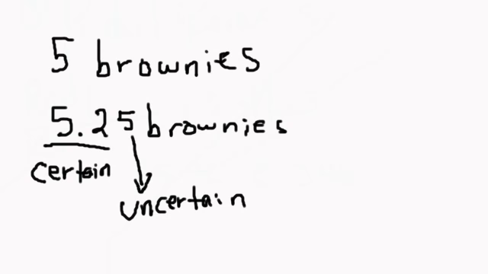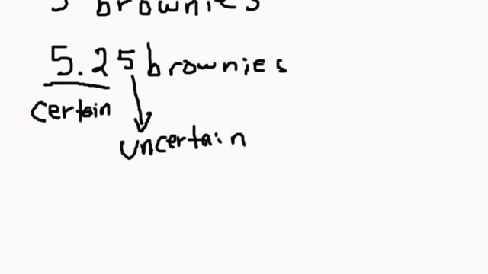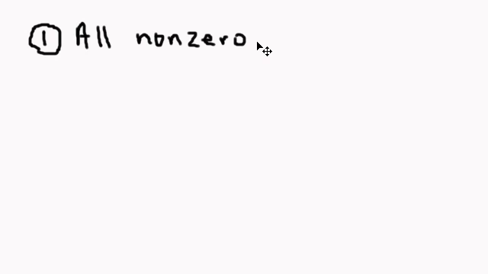Now that I gave you an introduction to significant figures, I'm going to do some examples so that you can see what I mean. Well, first of all, the first thing you need to know about significant figures is that all non-zero digits are significant. So I'm going to write that down. All non-zero digits are significant.